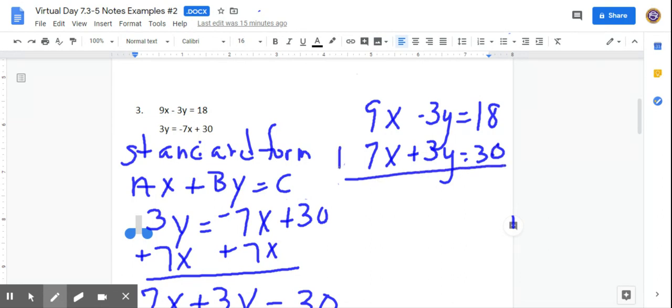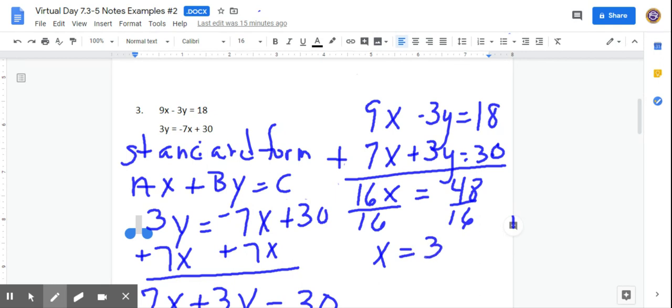Now add. 9 and 7 is 16, 3y and negative 3y is 0, and 30 and 18 is 48. If we divide by 16, x equals 3.